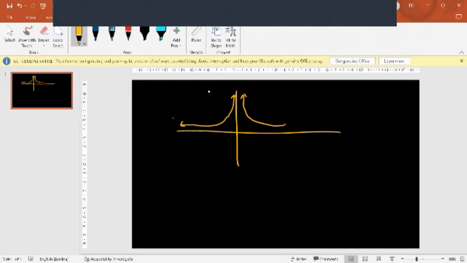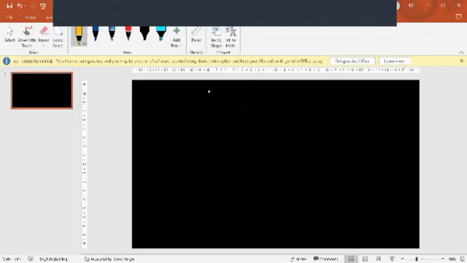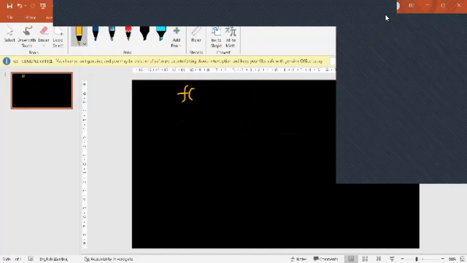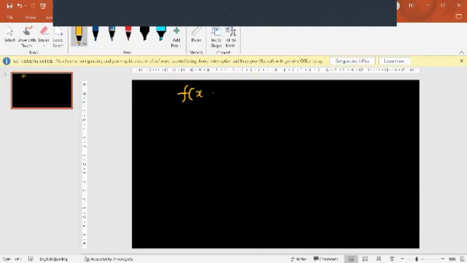So I'll give you an exercise, which I'd love you to try out. Try to plot f of x equal to 1 over x squared. Just use the same skills that I've given you and see the shape that it's going to give you.